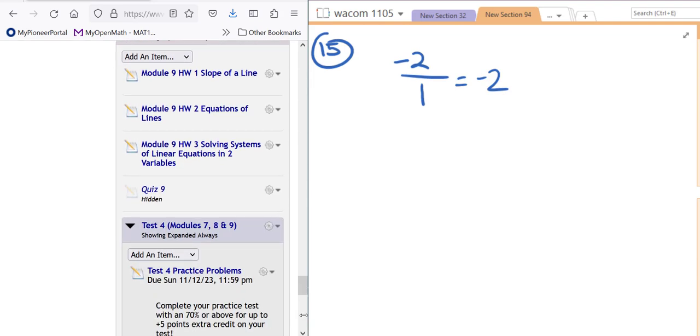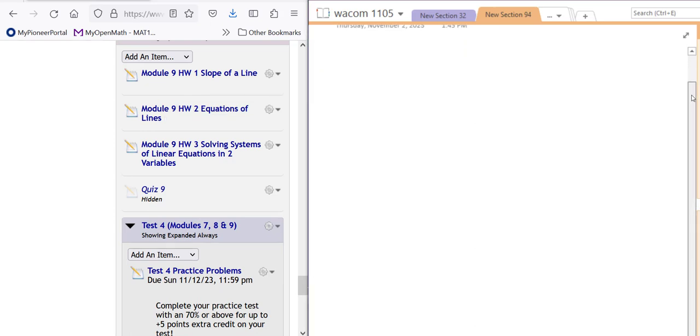Okay, sorry, I'm a little slow here. All right, so Mod 9 Homework 2. Equations of lines.